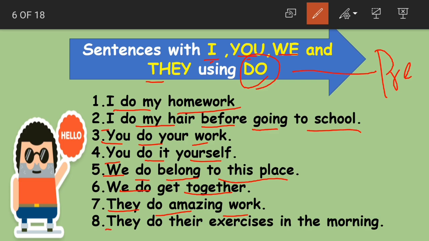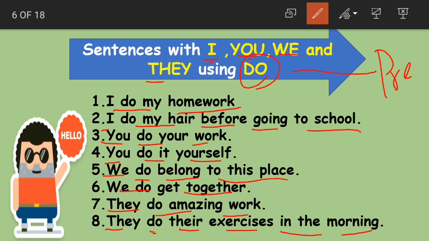Now they do their exercises in the morning. Now, every day morning we do our exercises. So when we want to talk about somebody, that they are doing exercises or they do exercises in the morning, you have to put it in this way. They do their exercises in the morning.